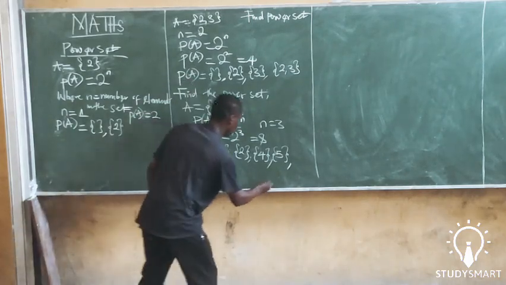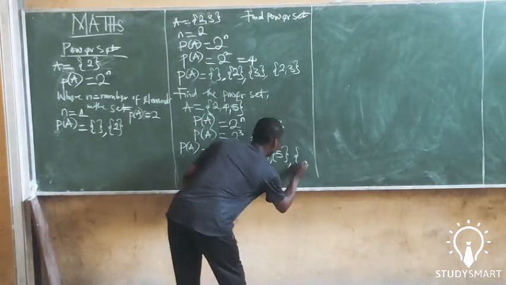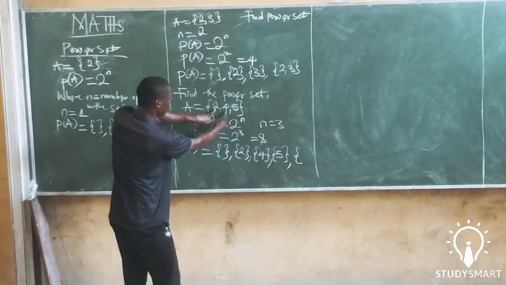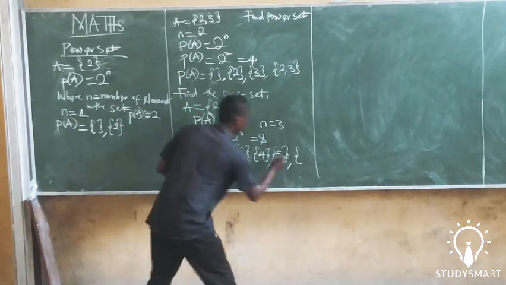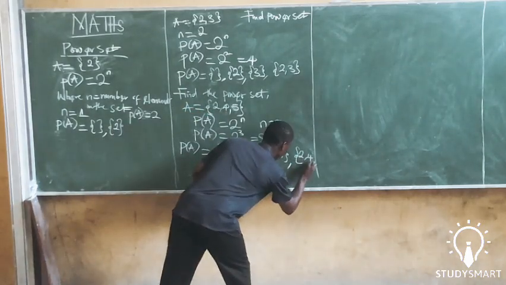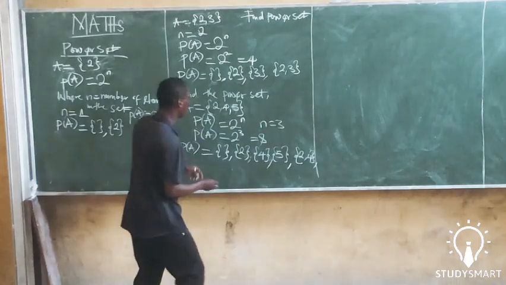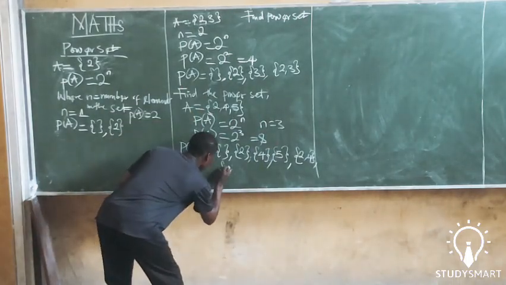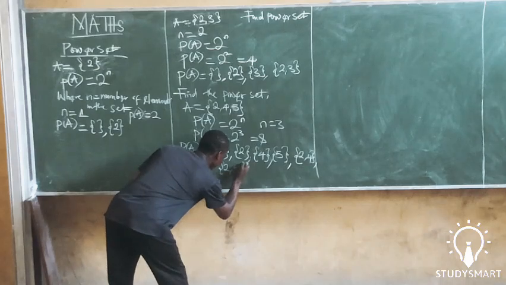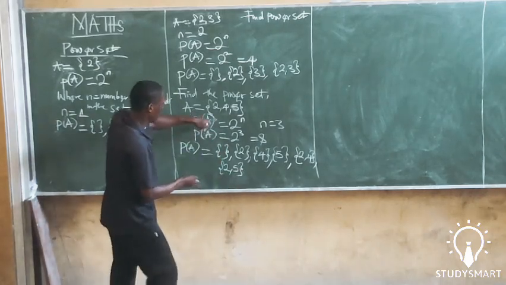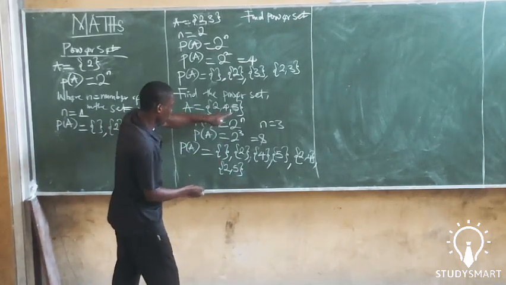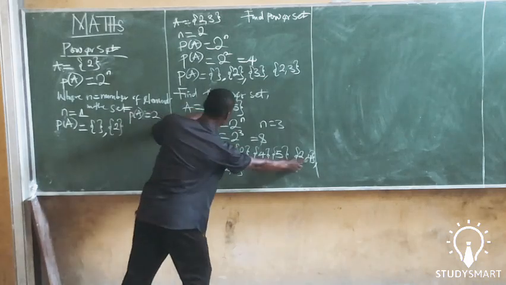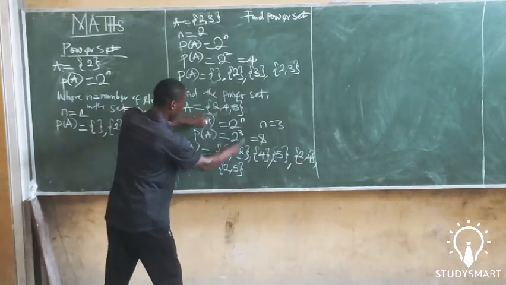So now let's do it. We are going to have this and this, that is 2 and 4. We have the comma. We have 2 and 5. Okay, we have 2 and 4, which is this. We have 2 and 5, which is this.